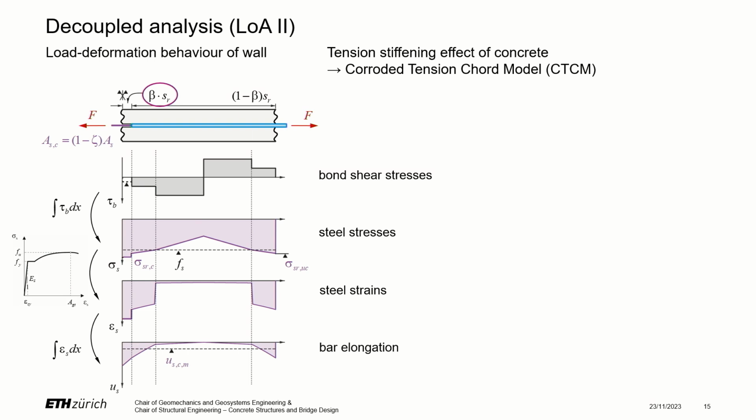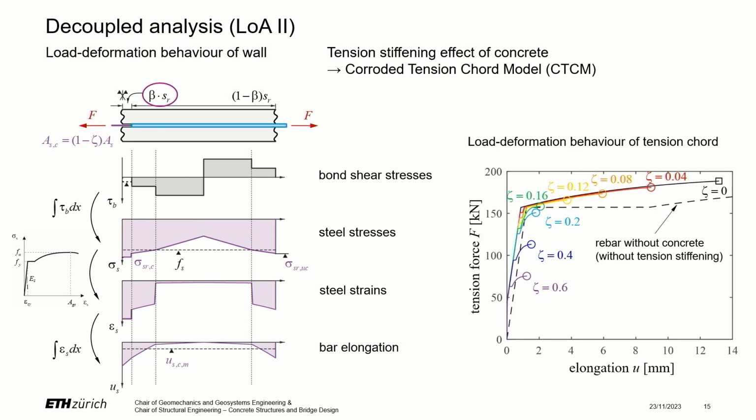And we took this model and enhanced it for this small cross-section loss here at the beginning near the crack, and then we came to the corroded tension cord model. Here you see again this tension force elongation curve, and you see this black dashed line, which is the response of a bare reinforcing bar without concrete, and you see this black solid line, which is a bar embedded in concrete, and you immediately observe this difference in stiffness, which is attributed to this tension stiffening effect.